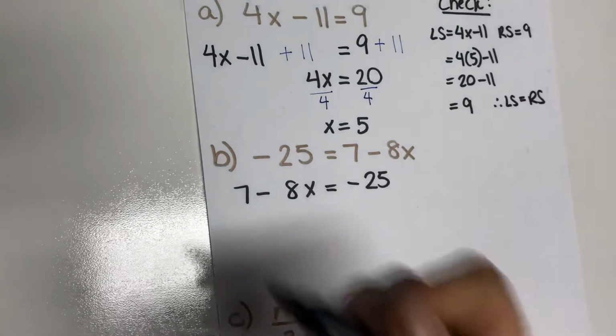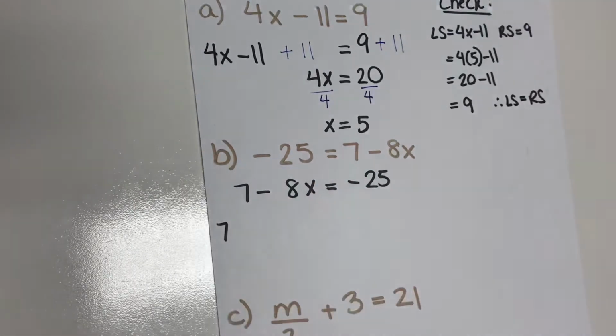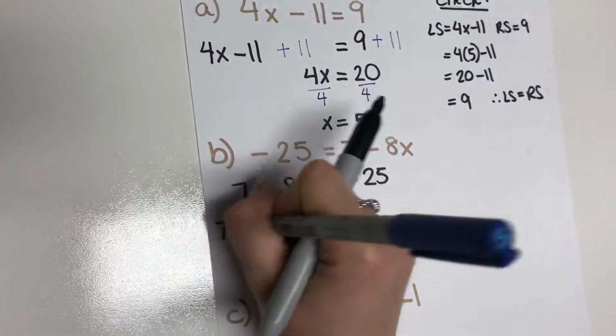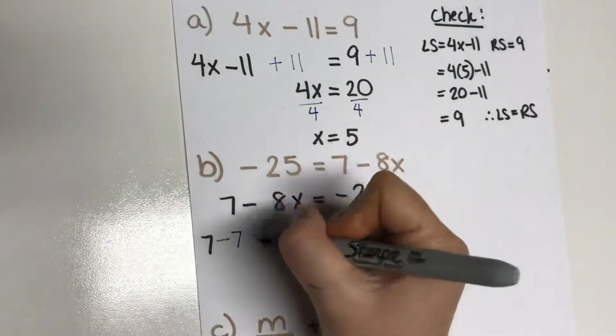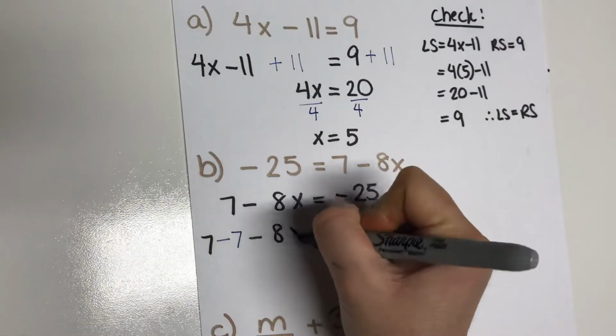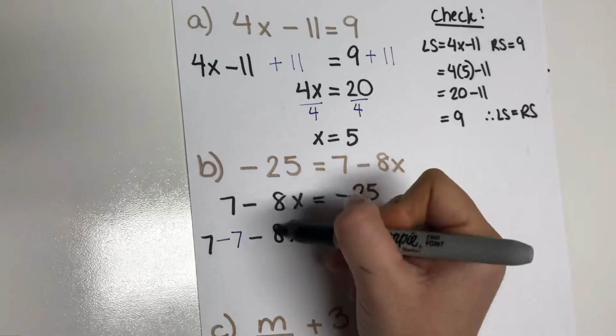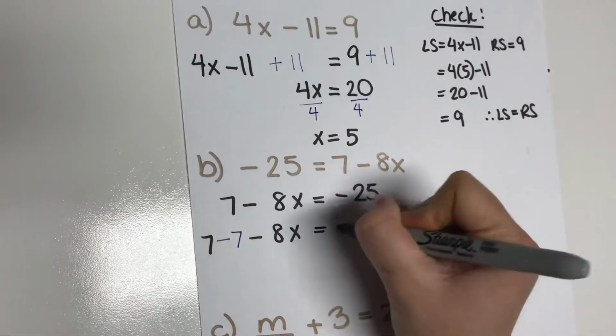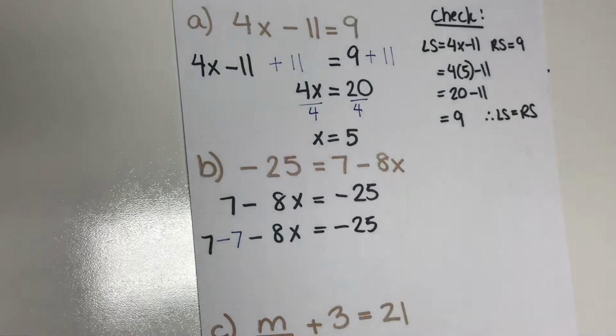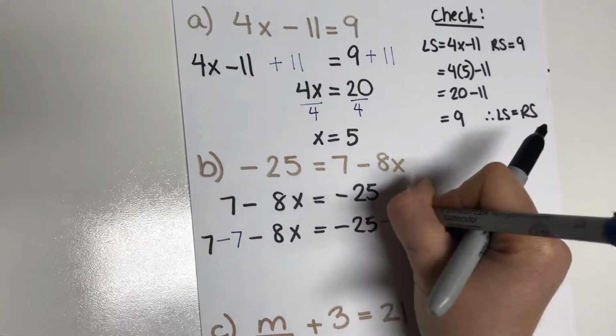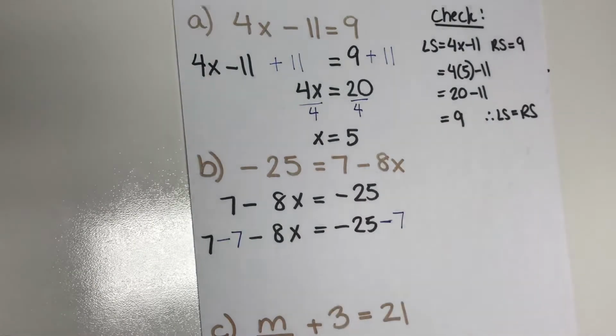So I'm going to say 7 minus 7, because that's how I can isolate it, minus 8x, that's what was in front of the 8, the negative sign, is equal to negative 25. Whatever you do to one side, you have to do to the other, golden rule.